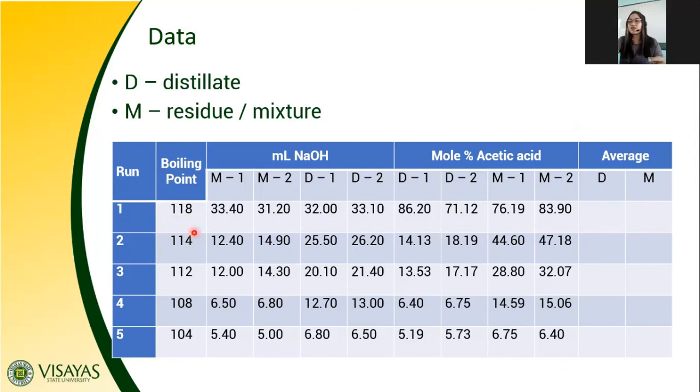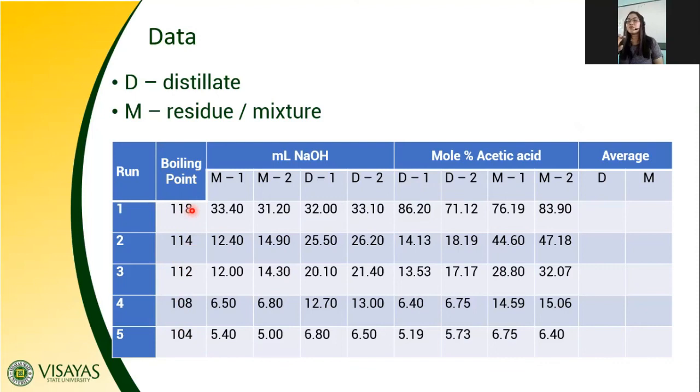Okay, so the first temperature that we had recorded is 118 degrees Celsius. Then next you have 114, 112, 108, and 104. It depends on the distillate that we collected.